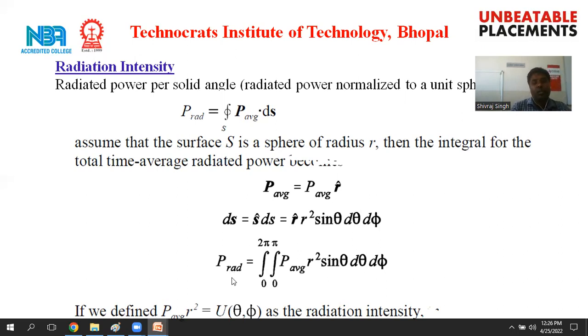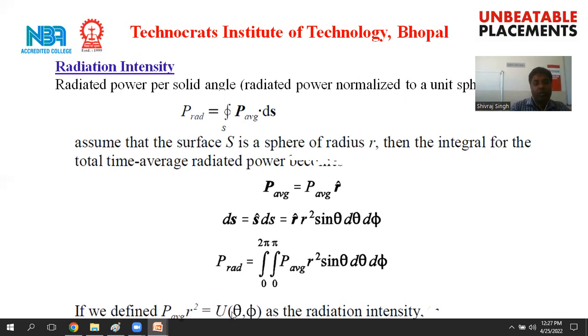So total radiated power is equal to the surface integral of the average power times r squared sin theta d theta d phi. According to this formula, the radiation intensity is equal to the average power times r squared.